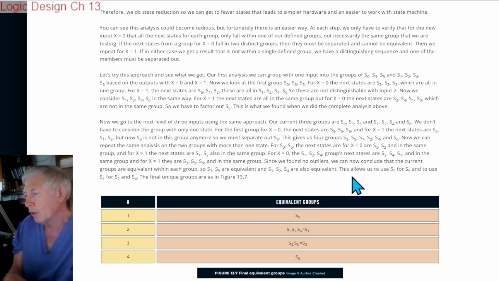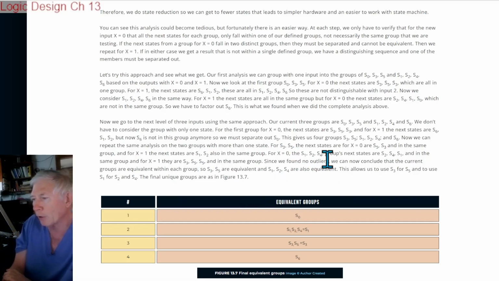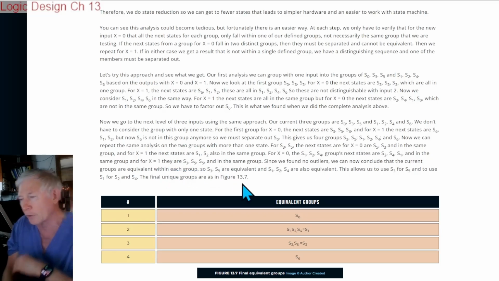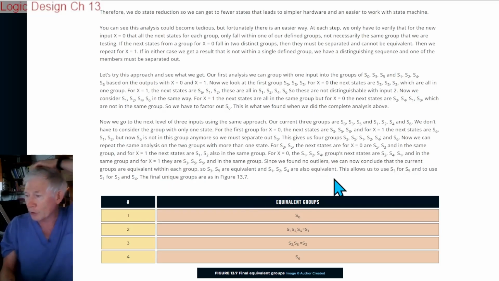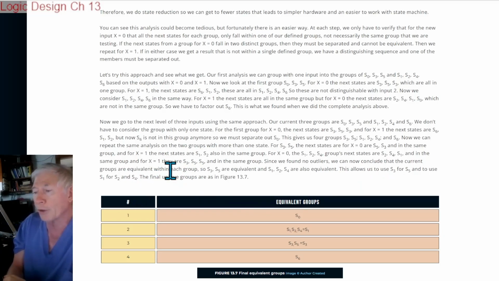For x equals 0, it's in the group of 3, 5, and for x equals 1, it's in the group of 1, 2, 4. So that's okay. And for x equals 0, the group 1, 2, 4 goes to 2, 4, 1, so that's okay. And for x equals 1, it goes to 3, 5, 5. So that's all in the same group. So since there are no other outliers, we can conclude that the current groups are equivalent within each group. So S3 and 5 are equivalent, and S1, 2, and 4 are equivalent. S0, of course, stands by itself, and S6 stands by itself.